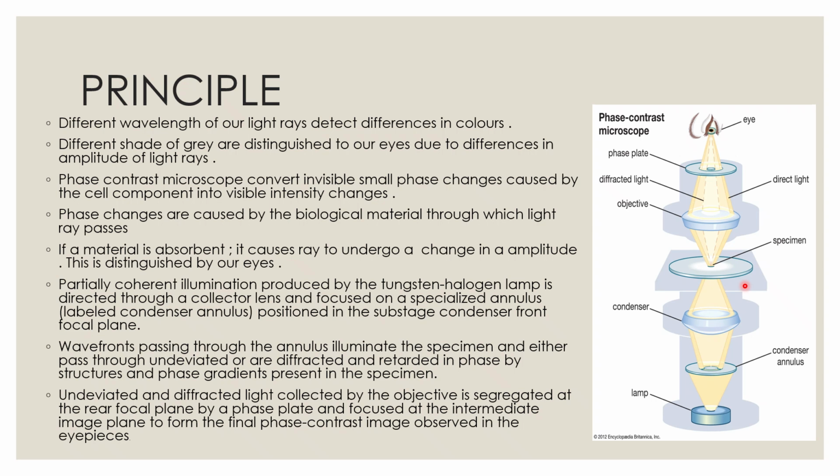Both the undeviated light and diffracted light take a separate time to pass through. That is, the light waves passing through a specimen can be slightly delayed or advanced in phase when compared to the light through the surrounding medium.